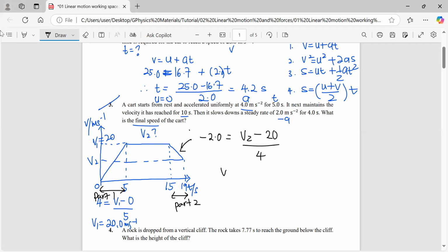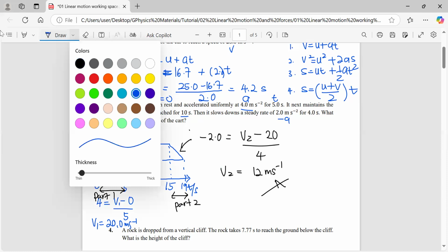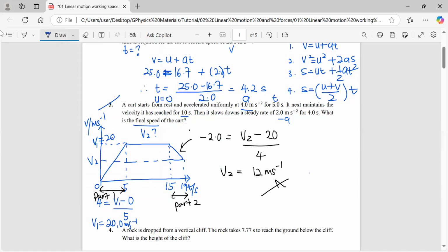So with this, I can find my V2. 4 is 8, so 12. So I get 12 meters per second. That is my final answer. So that's how you solve. What is the final speed of the car? It is 12 meters per second.